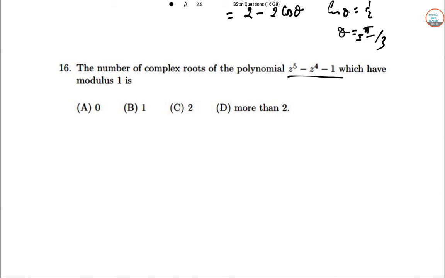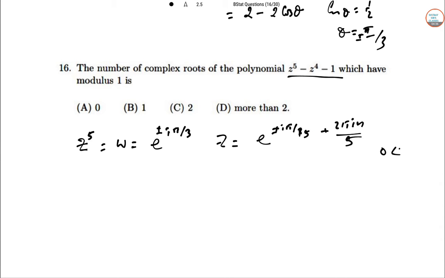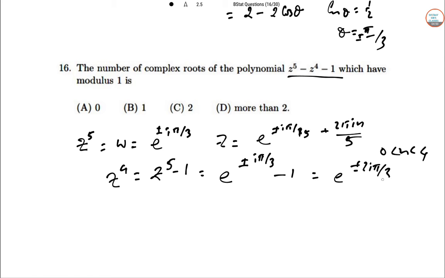Now z to the power 5 equals w, which is e to the power i pi by 3. So z equals e to the power plus or minus i pi by 15 plus 2 pi i n by 5, obviously with 0 less than or equal to n less than or equal to 4. Once we put it in, z^4 will be z^5 minus 1, so e to the power plus or minus i pi by 3 minus 1, which is plus or minus 2 i pi by 3 finally.